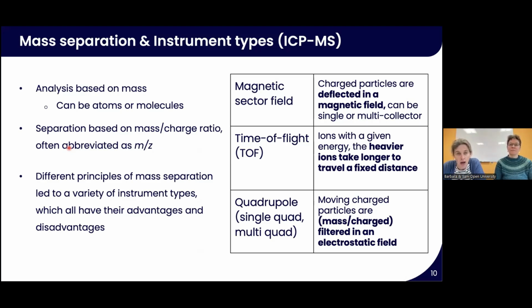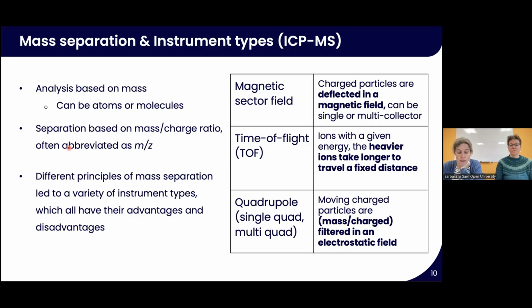But the three main types that we have are the magnetic sector field, time of flight, and quadrupole instruments. So in a magnetic sector field, charged particles are deflected in a magnetic field. And so these charged particles then follow a curved flight path, and the lighter ions are deflected more.